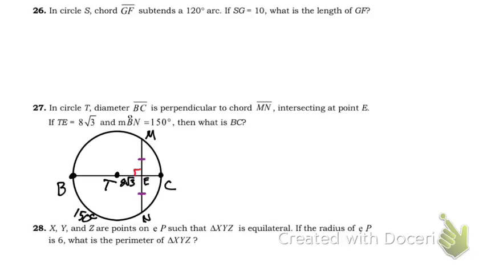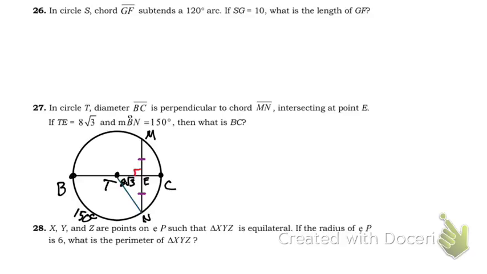All right, so here's kind of the hard part about this. Anytime we have something that looks like this, your natural instinct should be to create this right triangle. Why I'm creating it right here is because this is an inscribed angle where the arc it subtends is 150 degrees.